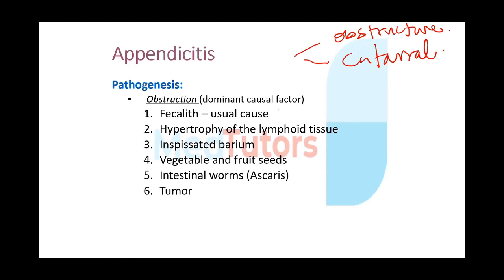Now, since we said the appendix is a lymphoid tissue, there could be hypertrophy of the lymphoid tissue, and this will cause obstruction of the lumen. Other causes could be inspissated barium, vegetable or fruit seeds, which is very rare, intestinal worms like Ascaris lumbricoides, and some tumors.